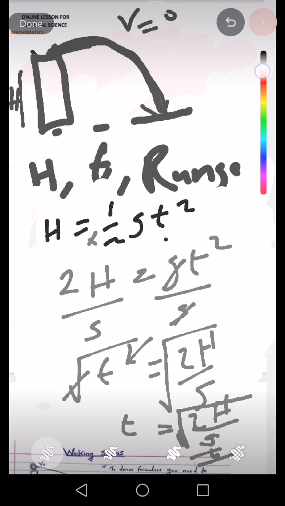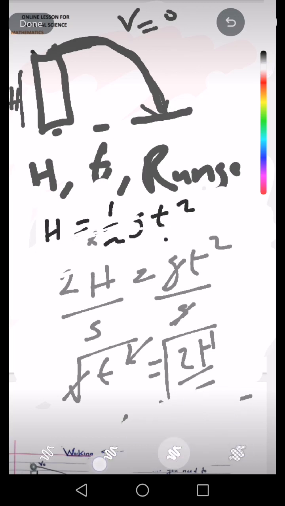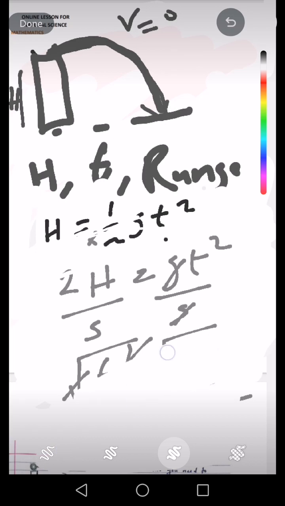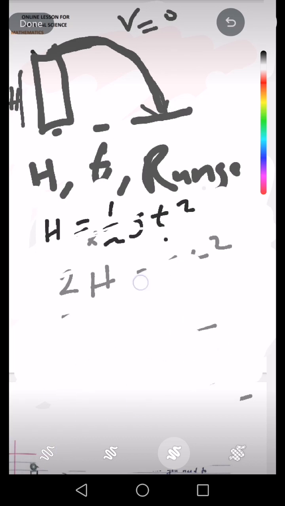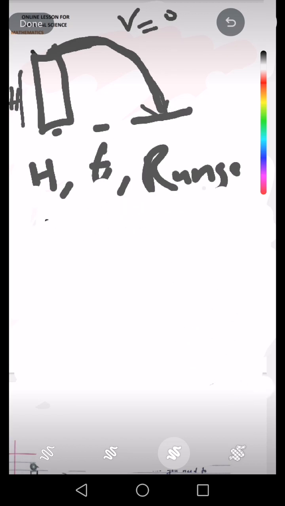Yes. Now let's go to the last thing, the range. The range is the same as the distance covered on the x-axis, here x. This distance in x, we just call the range.